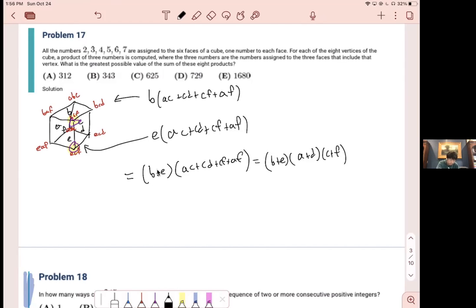Also because the 4 faces, I don't know if this diagram works.